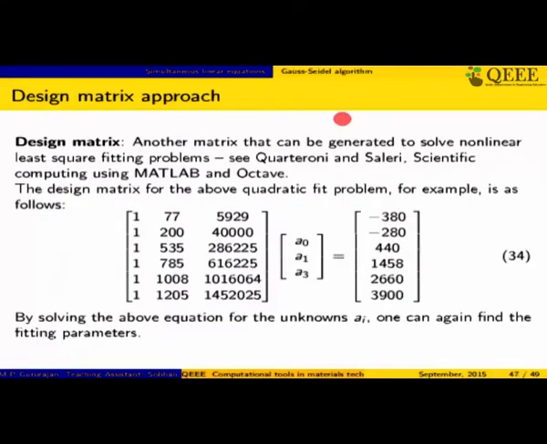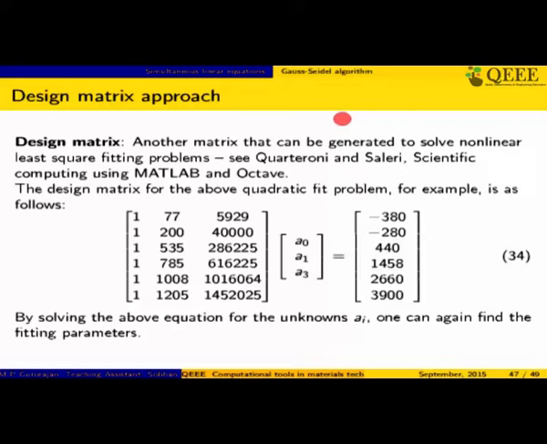Okay, so I'm going to talk about the last topic. This again goes back to a question that I asked in the fitting problem, and that is: suppose I have a specific functional form, how do I fit to that particular functional form?